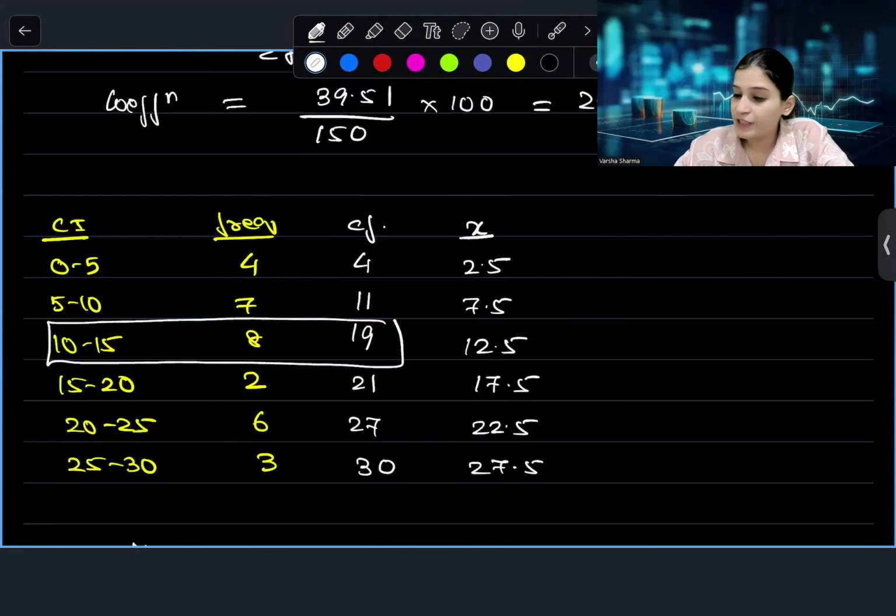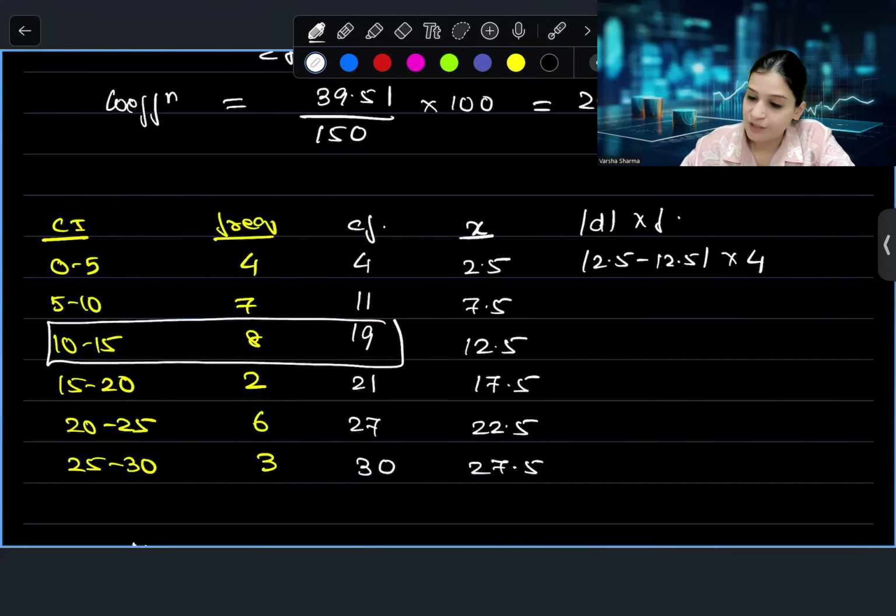Now to calculate deviation, 2.5 minus 12.5 multiplied by frequency, 7.5 minus 12.5 multiplied by frequency, 12.5 minus 12.5.